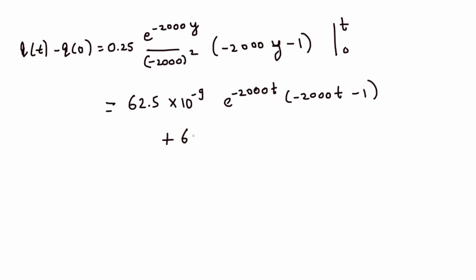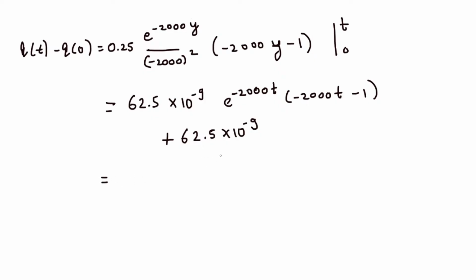Then we are going to get 62.5 times 10 to the power minus 9, and we know that this term is going to be 0, but this power remains 1. So nothing else comes, only this 62.5 times 10 to the power minus 9 is going to remain.